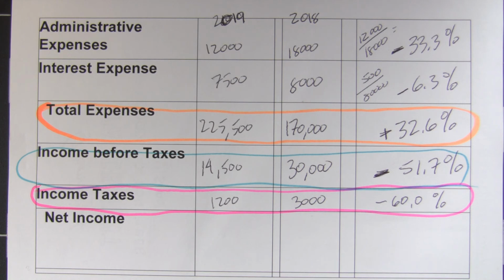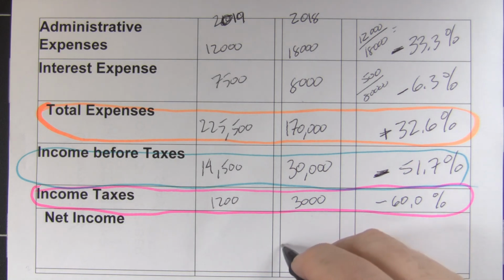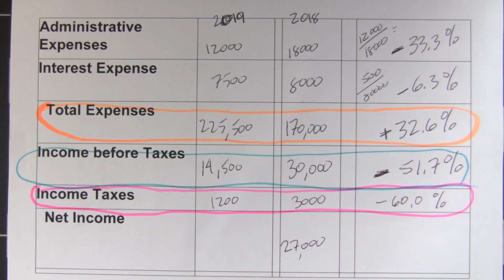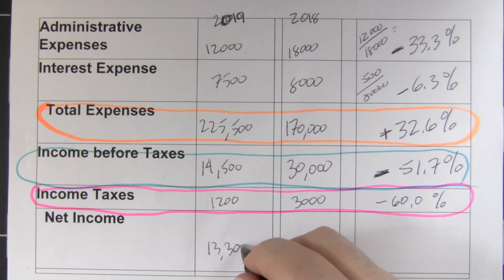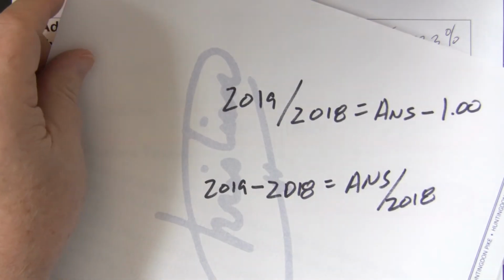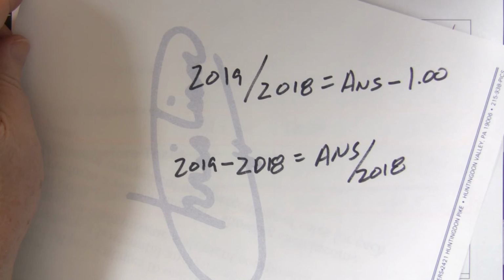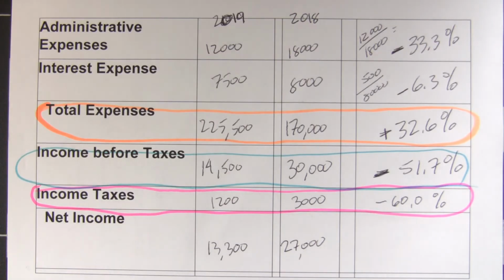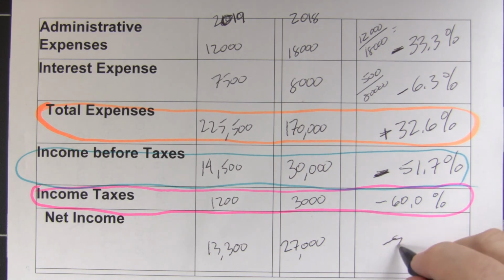The net income number, however, is one that you're going to want to call the staff back in and say, sit down, we got to talk. Last year we made $27,000. This year we made $13,300. Pick one of these methods that you like. Either one that makes your little heart warm and fuzzy. And when you apply that, it shows that your net income is down by 50%.